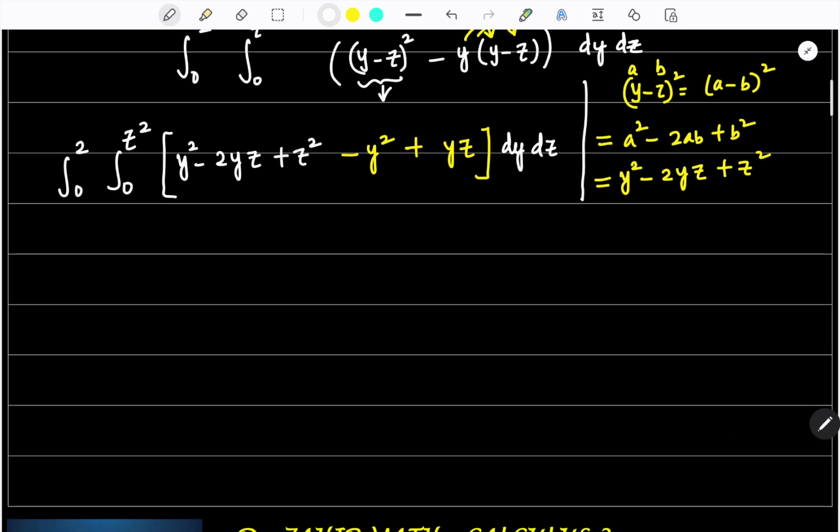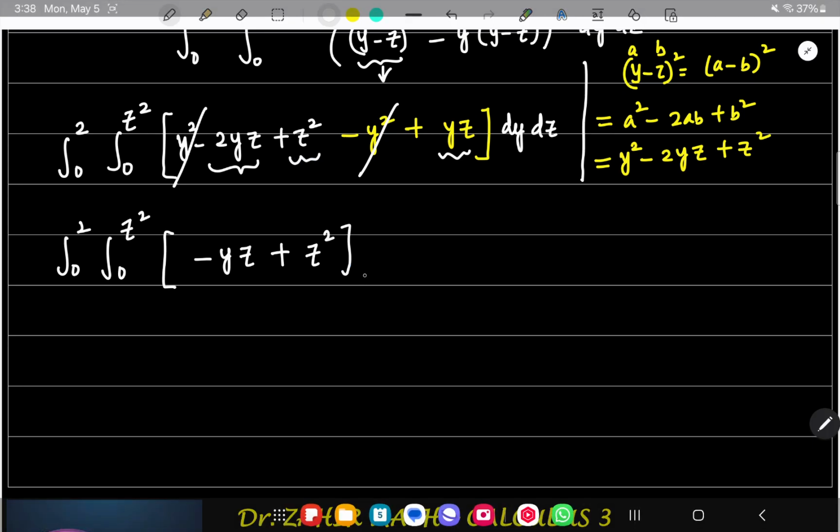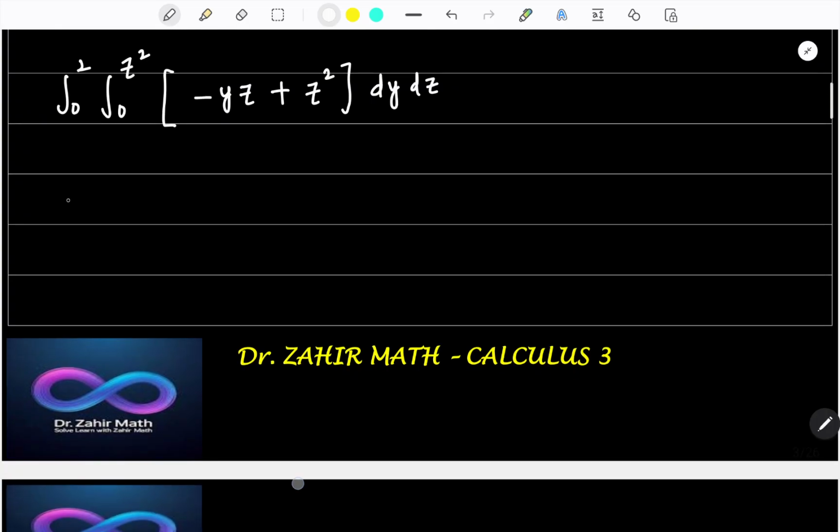Right. So now we are going to simplify this one. Integral 0 to 2, integral 0 to z square, bracket open. y square gets cancelled. Minus 2yz and plus yz, so you will get minus yz and then plus z square, dy dz. You are going to integrate now with respect to y.